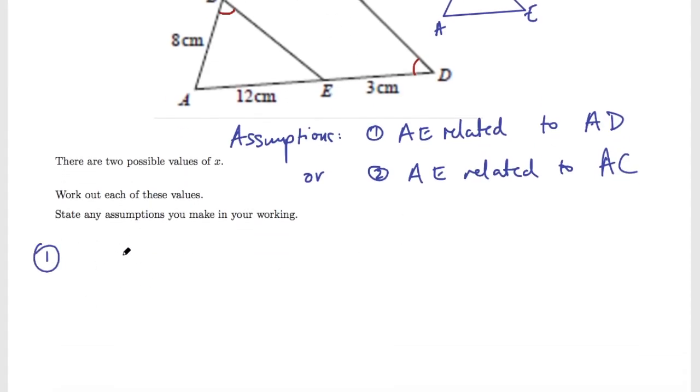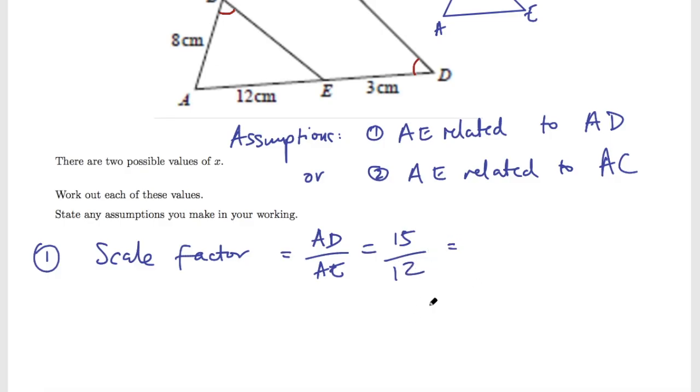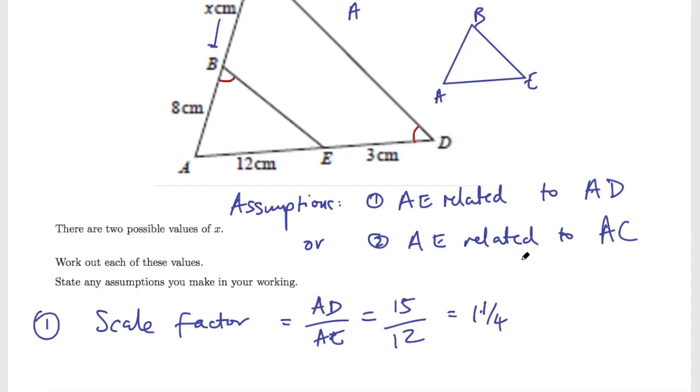So if AE is related to AD, therefore the scale factor is going to be AD divided by AE, which is 15 divided by 12, which is 1 1/4 essentially, or 1.25, whichever you find easier to understand.